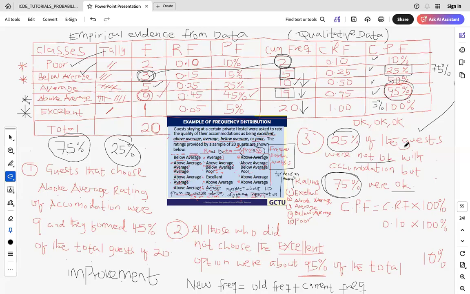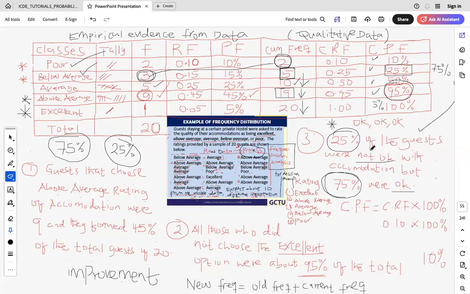3, 25% of the guests were not okay with the accommodation, but 75% were okay with the accommodation. So we need to know why this 25% were not okay.